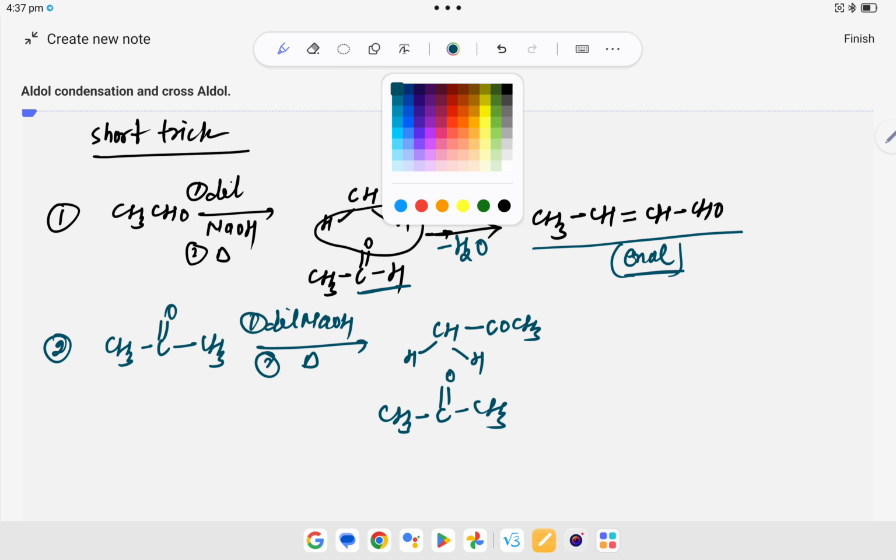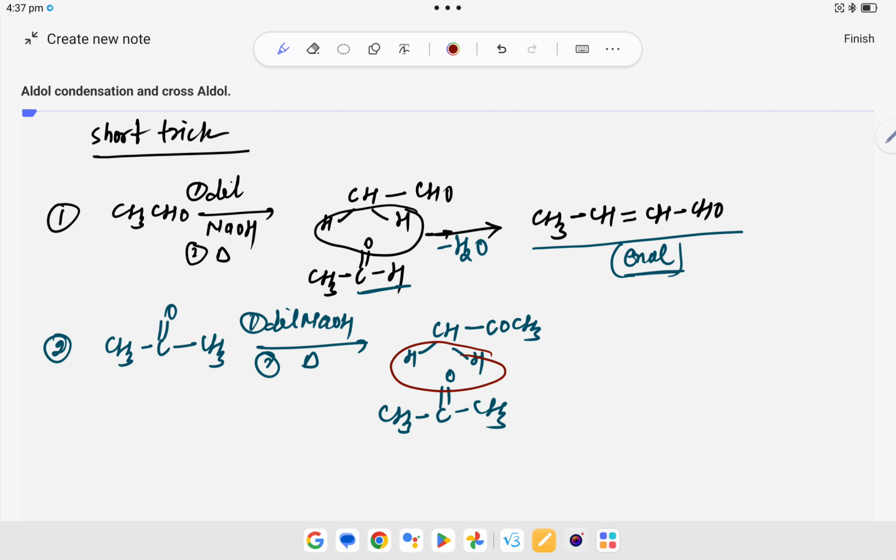Next, you have to remove water and write the species. So this is your CH3, single bond C, and one more CH3 is attached. Then here make a double bond: CH CO CH3. That is the product formation. So that is the short trick.